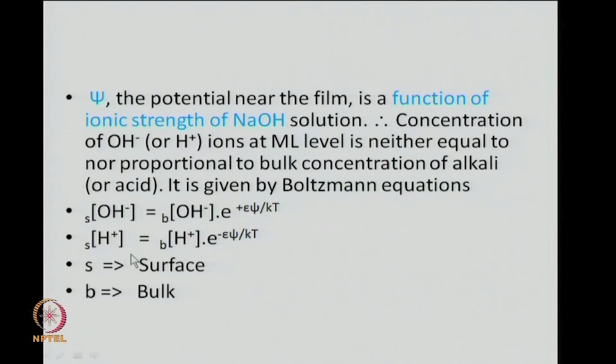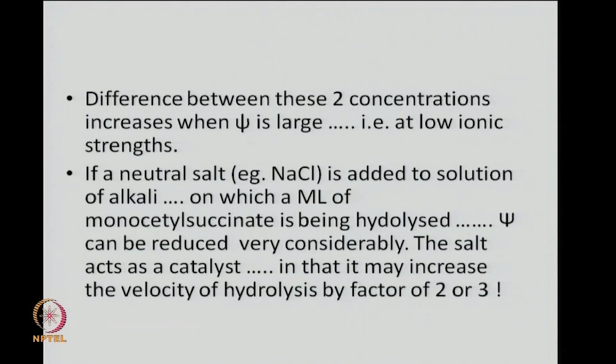Similarly, SH plus is equal to BH plus into e power minus epsilon psi by kT, S and B representing surface and bulk respectively. Epsilon is the electronic charge and psi is the potential. Differences between these two concentrations increase when psi is large, that is at low ionic strengths.